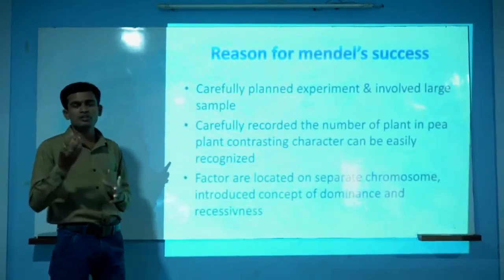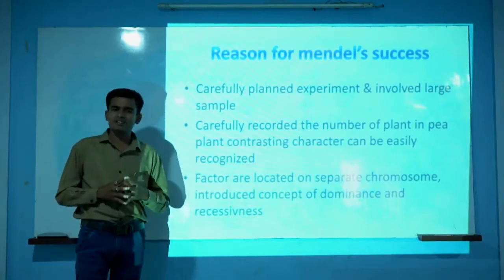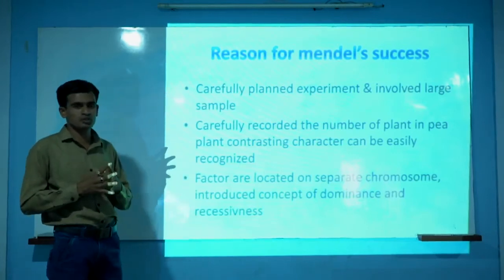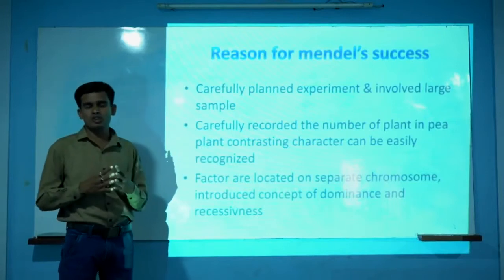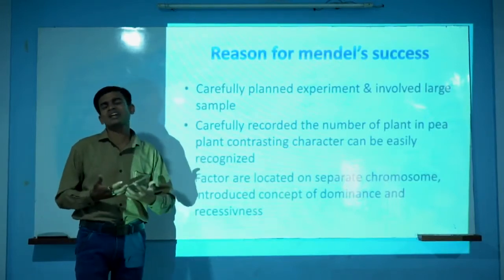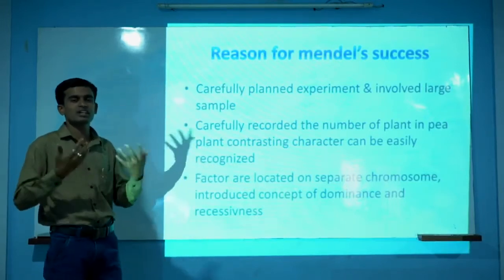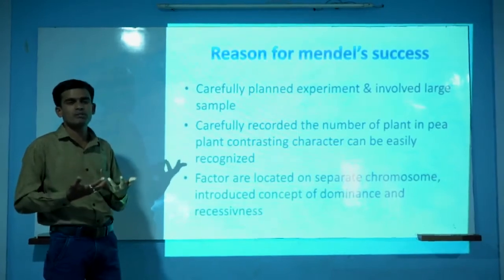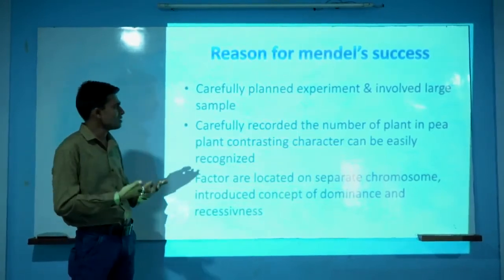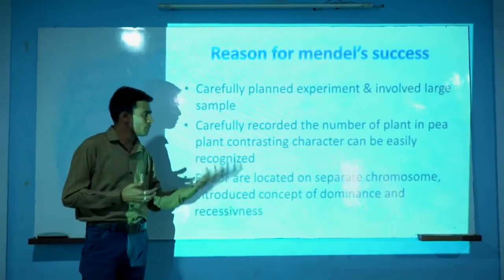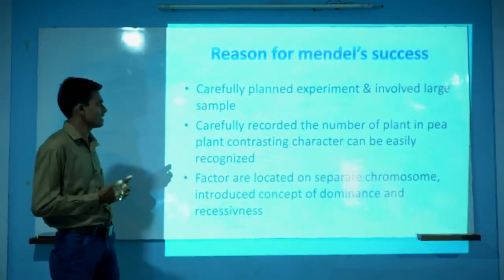The flower of the pea plant is quite conspicuous, meaning it is easily observable, and all these characteristics in pea plants are easily observed. So this is one more benefit for Mendelian success.